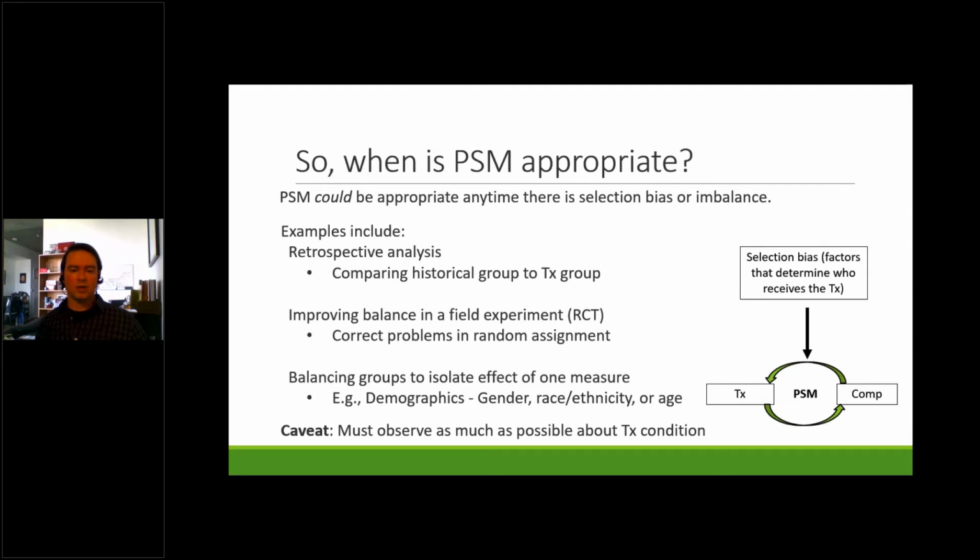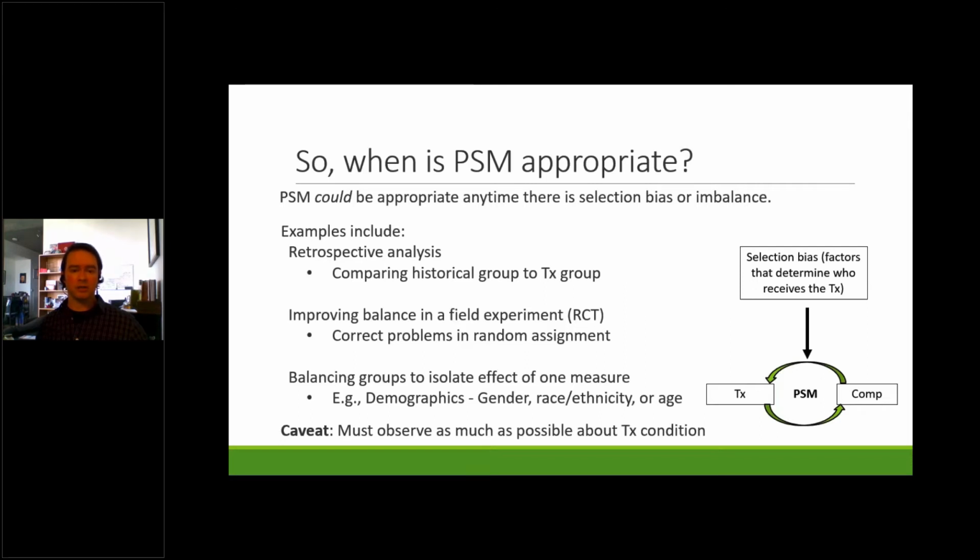And this is where we are essentially matching and comparing a historical group that would have been eligible for the treatment to the current treatment group experiencing the treatment as we see it today. The idea here is that had the treatment been available back then, these individuals would have gotten it, and therefore they're an eligible comparison.